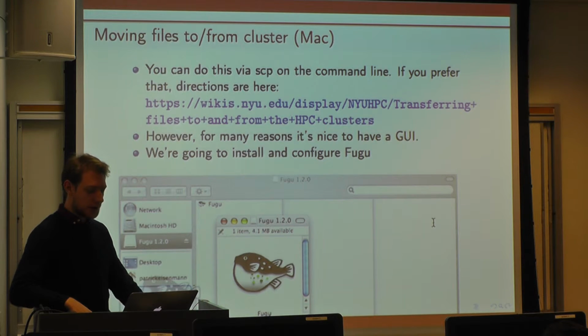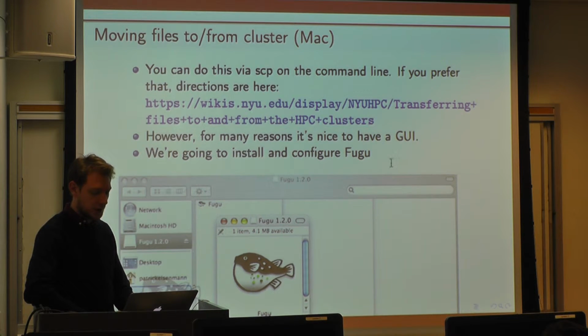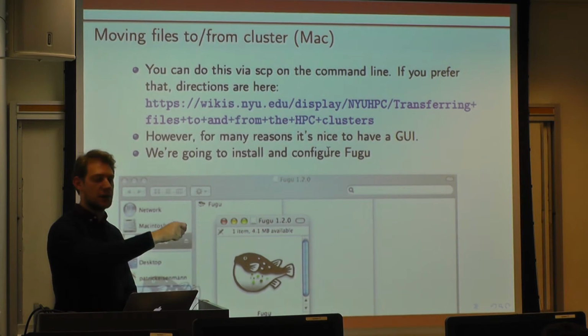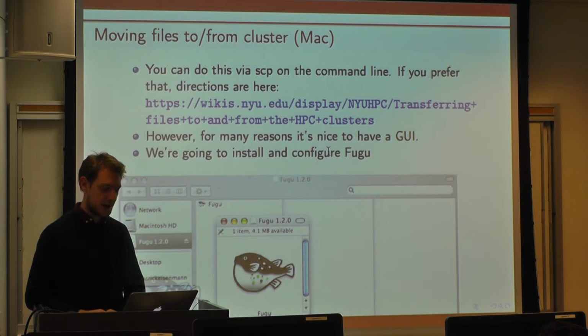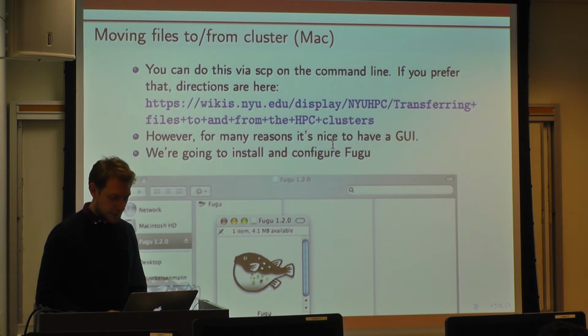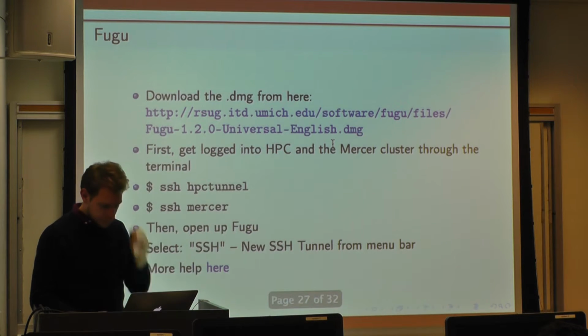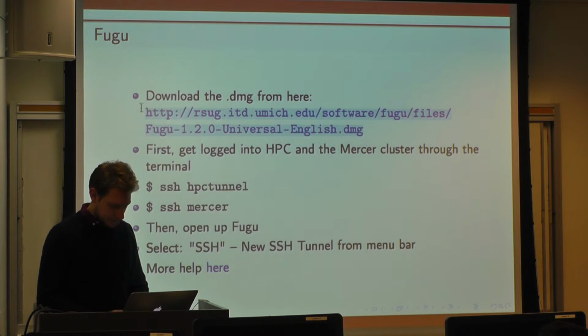And so what we're going to do today is instead install a program called Fugu, which will allow you to do the same thing where you can just drag files back and forth, and it's a GUI that's very intuitive. So we're going to install and configure Fugu real quick.